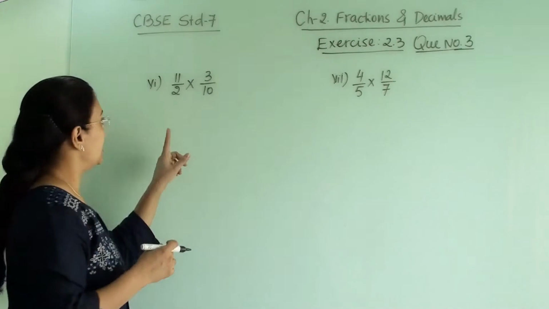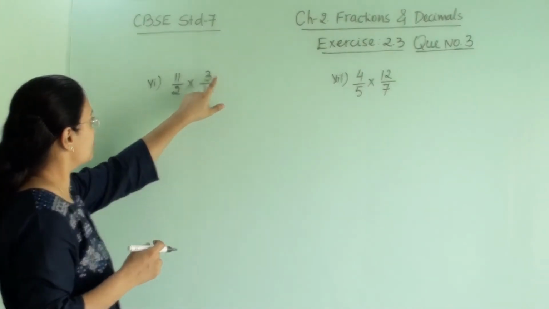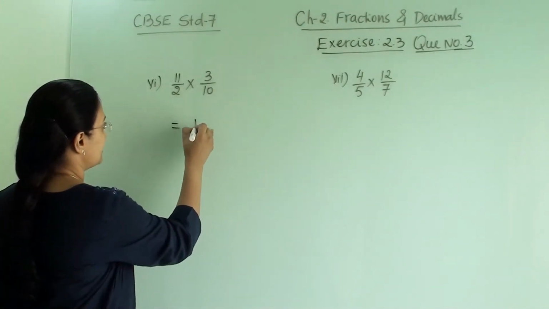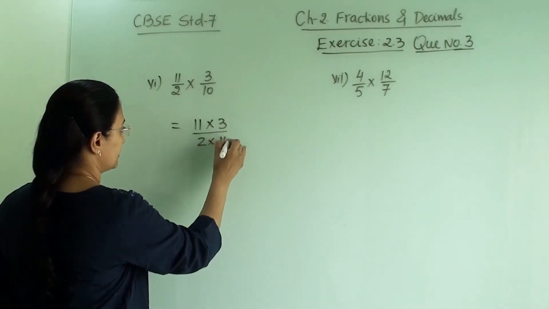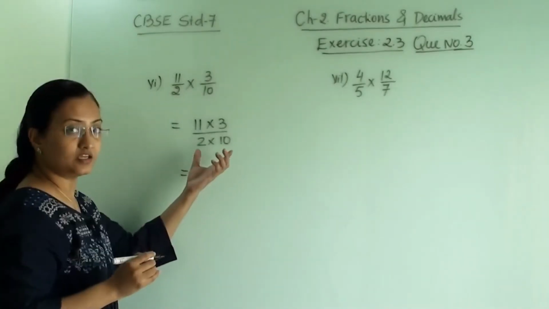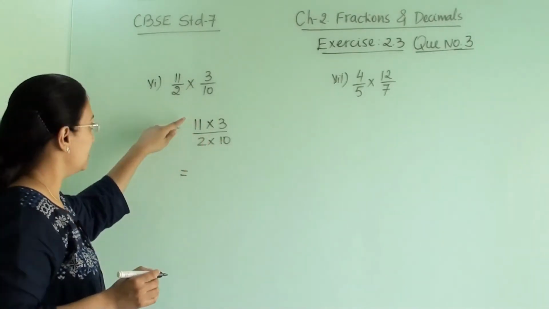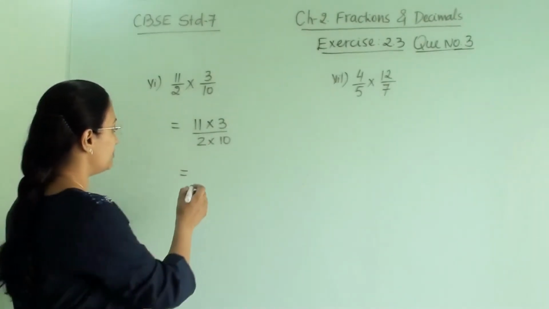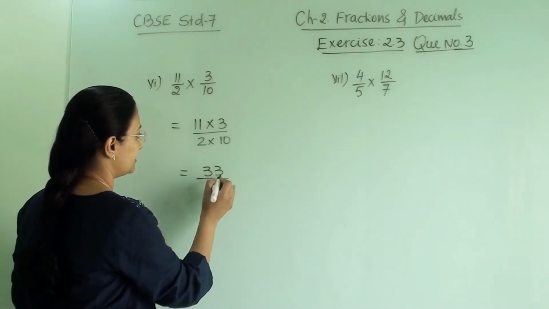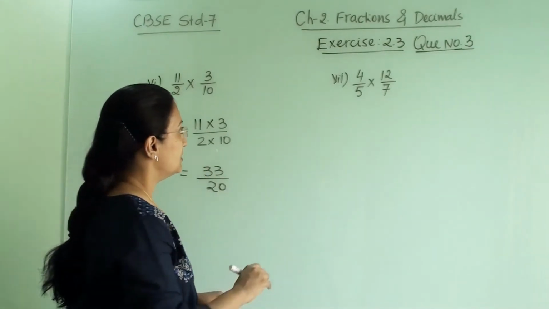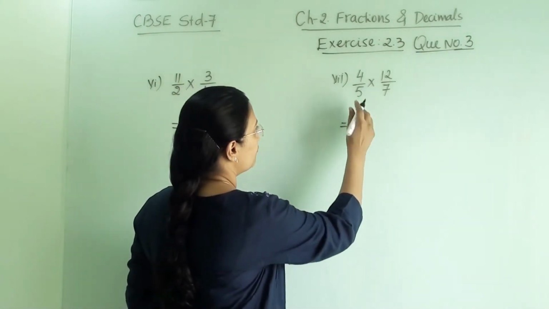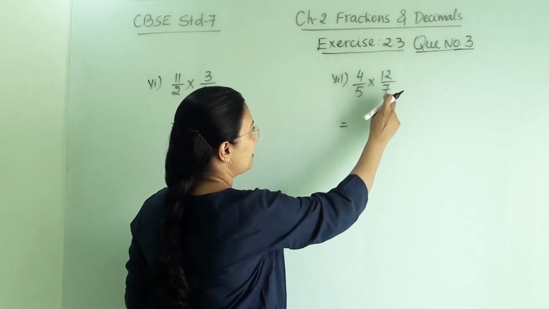The sixth numerical is 11 by 2 into 3 by 10. So let us write this 11 into 3 divided by 2 into 10. Can we reduce anything here? No, we cannot divide any number above and below. So let us write the answer, that 33 divided by 20. The next numerical is 4 by 5 into 12 by 7.